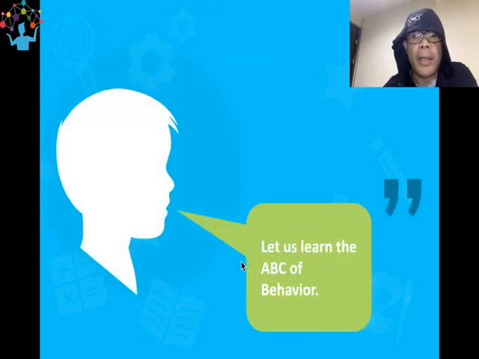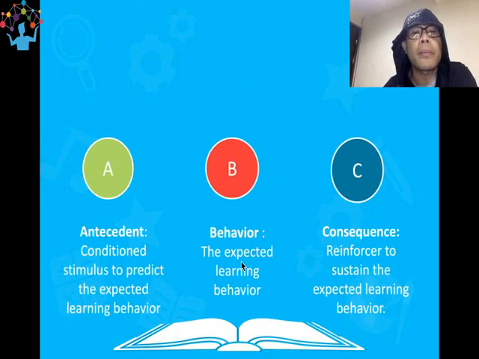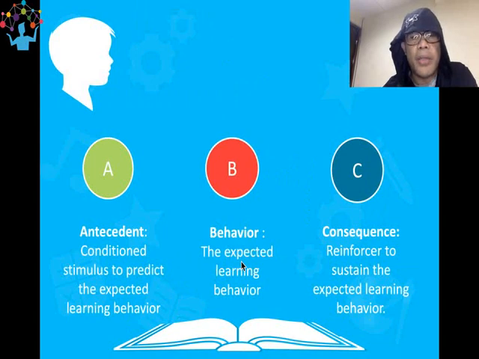So let us learn the ABC of behavior. A stands for antecedent. B stands for behavior. C stands for consequence. Antecedent is basically the conditioned stimulus to predict an expected learning behavior.